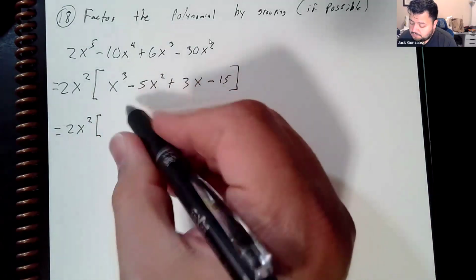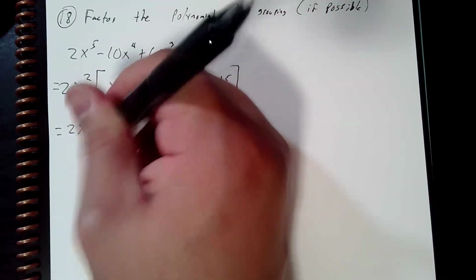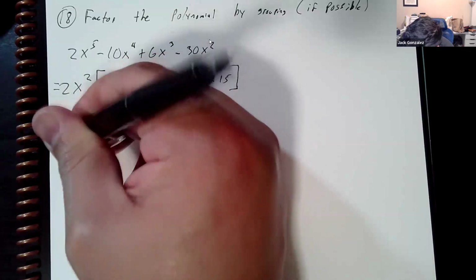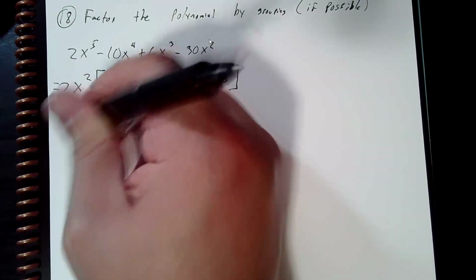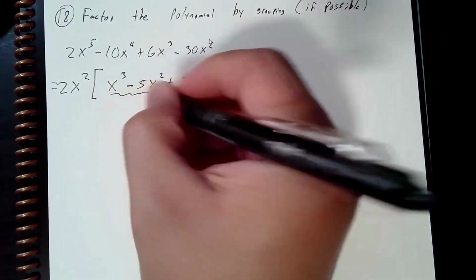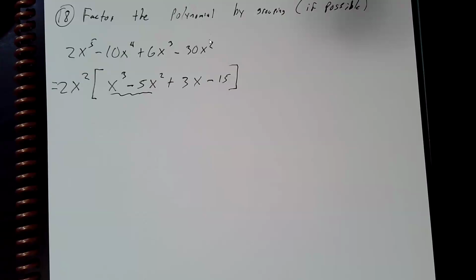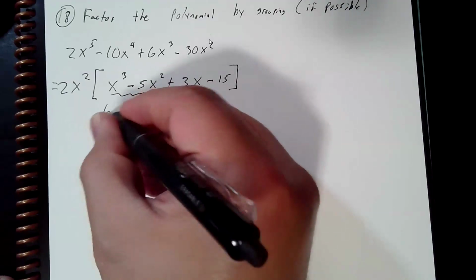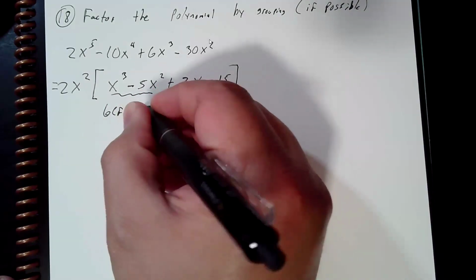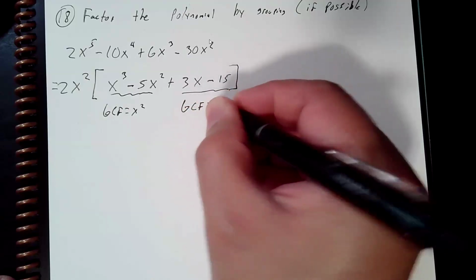So what is the GCF of these two here? Do that first. X squared. These two? 3.